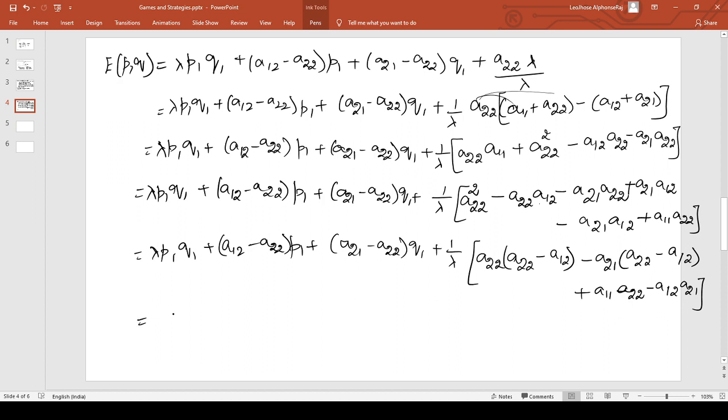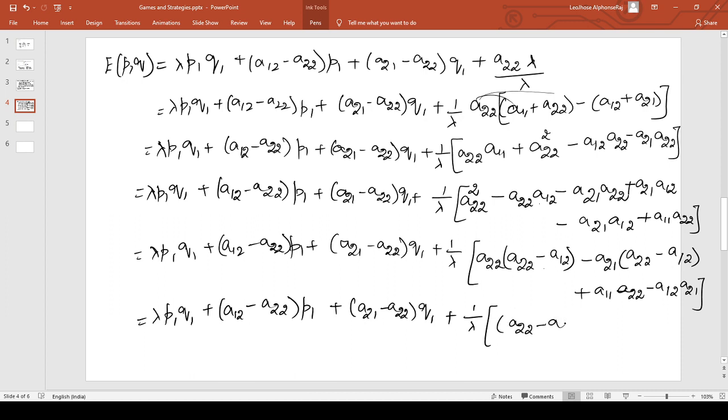So the terms are like this: lambda P1 Q1 plus A12 minus A22 into P1 plus A21 minus A22 into Q1 plus 1 by lambda into, here you see this A22 minus A21 can be combined, where this term A22 minus A12 becomes common for these two terms.